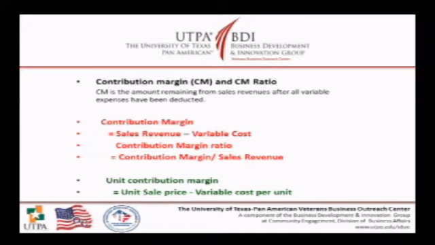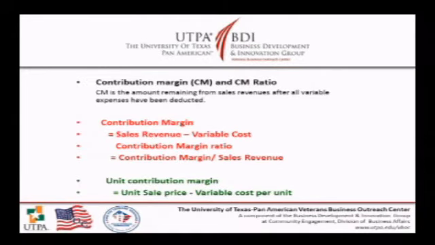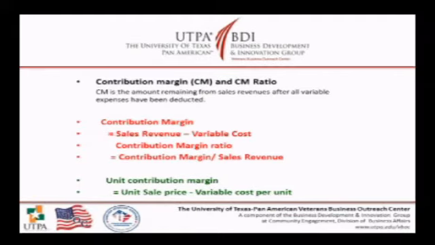Now you need to know how many of that 30 cents it is going to take to cover your $300 cost. How many units do you have to sell in order to break even? That's your break-even point. Here, your sales revenue minus your variable cost, which is like your cost of goods sold, equals your contribution margin ratio.